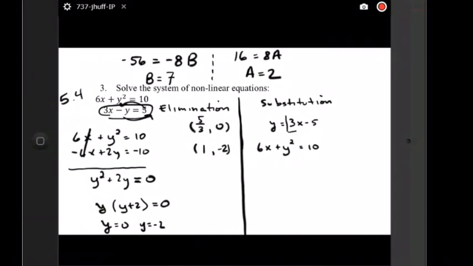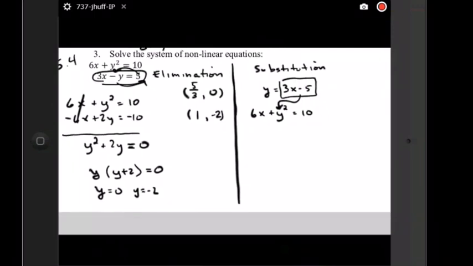And the reason for getting y by itself is you could substitute that value in for y right there. And then you would write it as 6x plus, instead of y squared, you have 3x minus 5 squared equals 10.